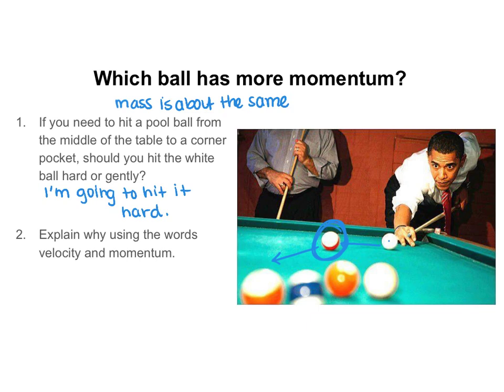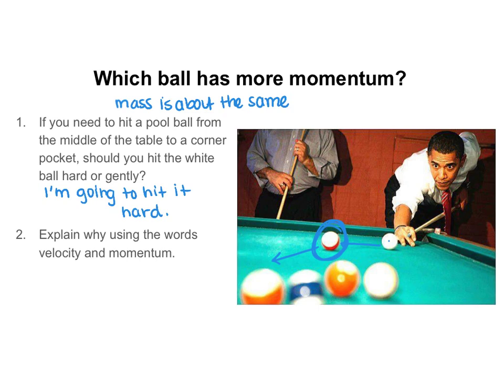I'm going to use the words velocity and momentum. Okay, so if I want that white ball to hit into my white and red ball hard, I want it to fling it across the table, it needs to have a lot of momentum.